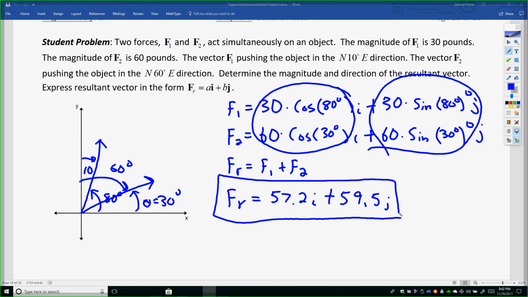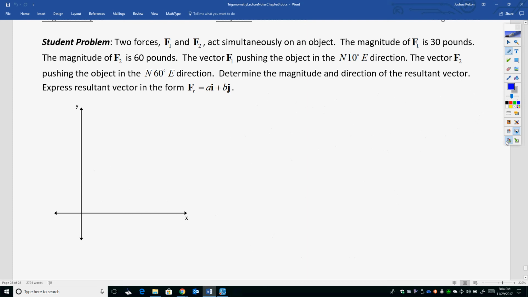So the two things we want are the magnitude and the direction. Okay, so let's take a second, move this down, and find those things.